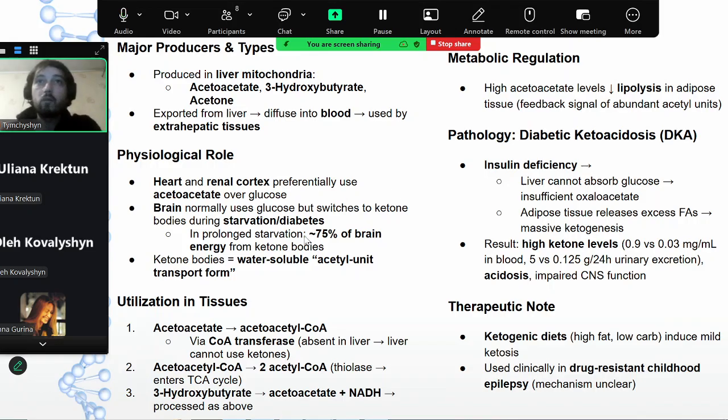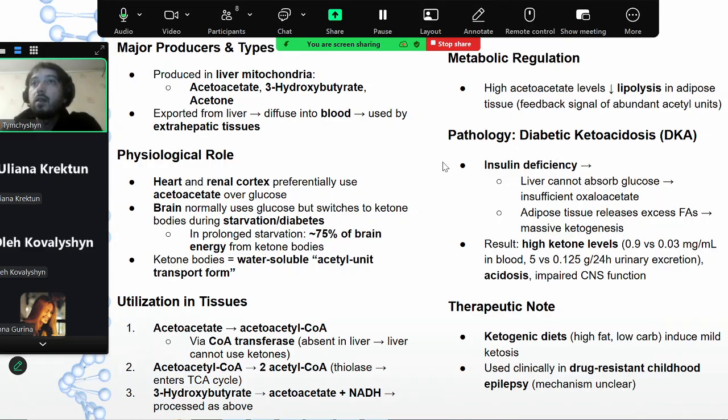So it's a very, very bad disease. Anyway, whatever happens, the brain switches to getting energy from ketone bodies, to keep it somehow active during these periods of starvation. So what else?